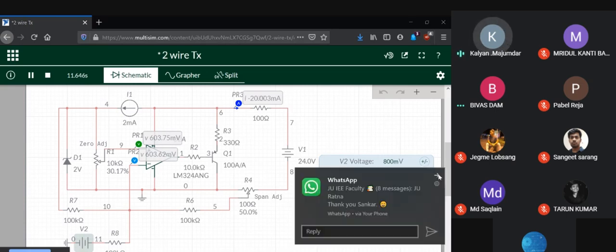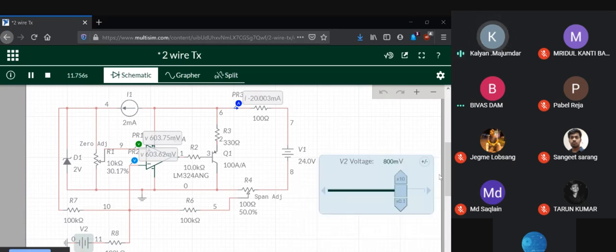So your measurement input range is 0 to 800 millivolts, converted into 4 to 20 milliamperes for this setting of the zero and span adjustment. Z is 0.3017 and S is 0.5. So this is the first exercise.